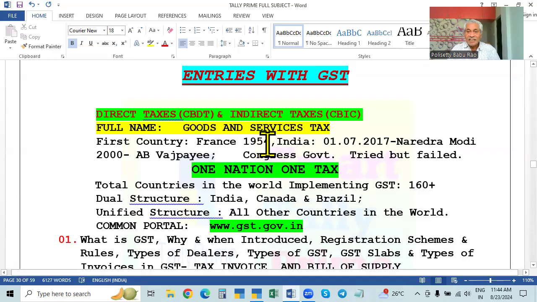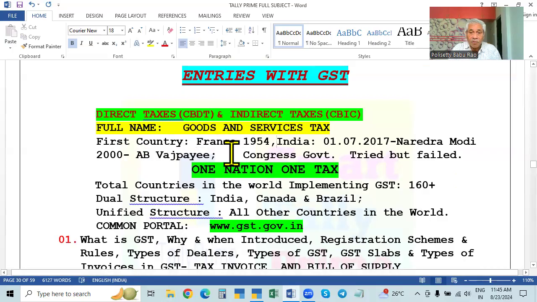In India, it was implemented from 1/7/2017. Actually, in 2000, Atal Bihari Vajpayee mooted this GST concept and tried to implement it, but due to the opposition parties and so on, he was not able to implement it.